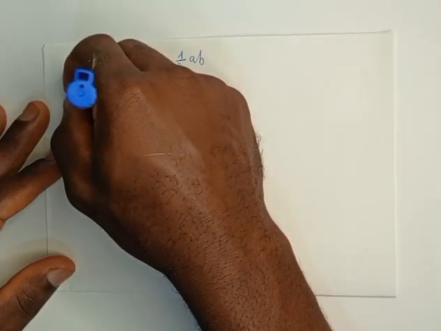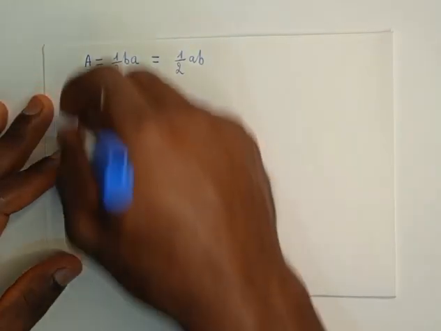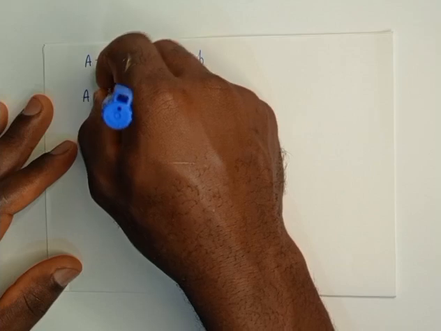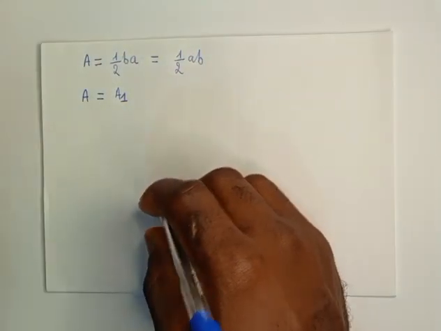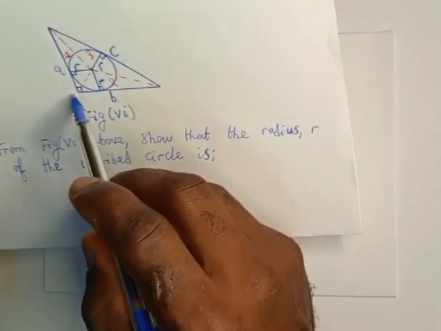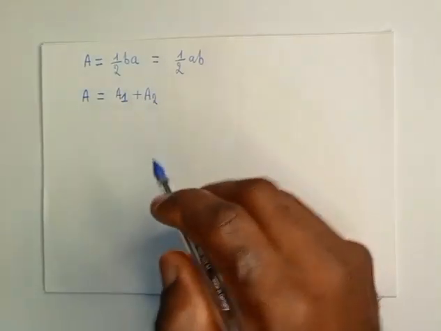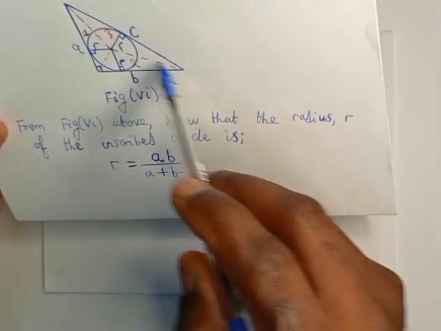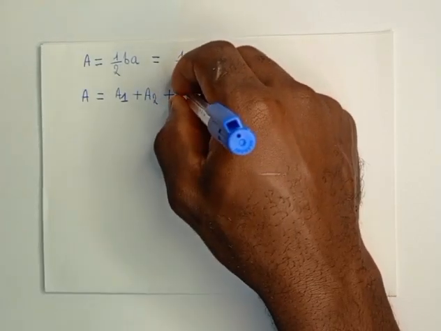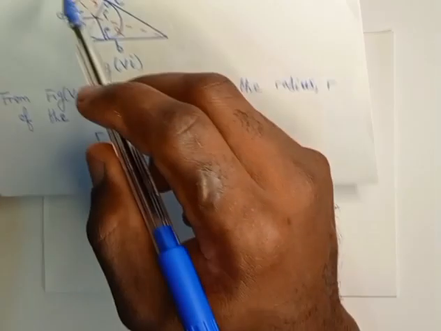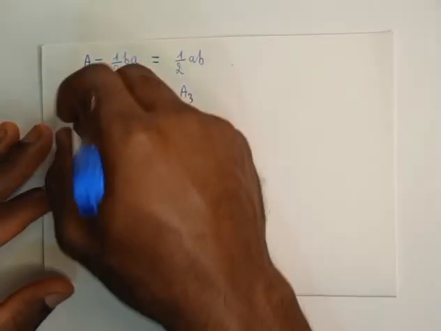Next, the area of the right angle triangle, which is the bigger triangle, is simply the same as the area of triangle 1, which is denoted as E1, plus the area of triangle 2, denoted by E2, plus the area of triangle 3, denoted as E3.